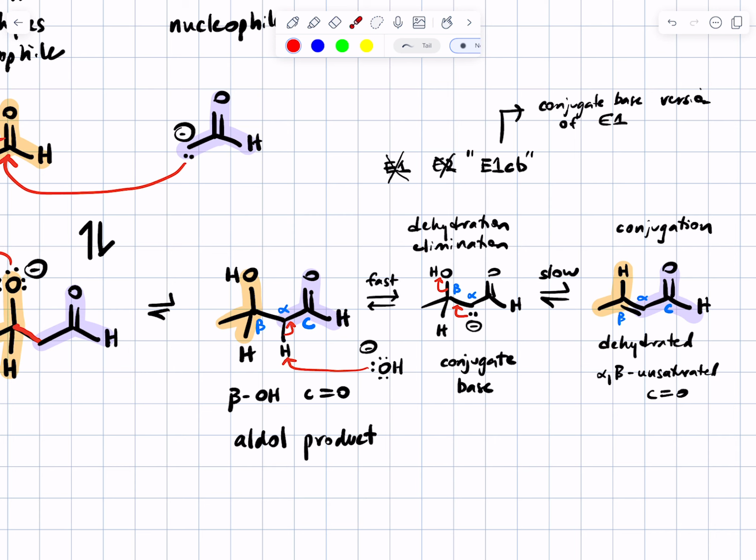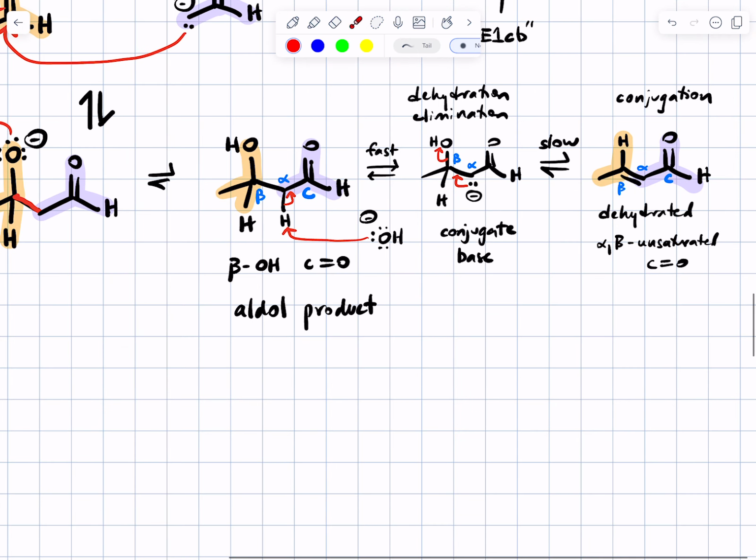Yes? Under acidic conditions, would it become an E2 reaction because of the protonated alcohol? That's a great question, and I don't know the answer to that. Somebody's probably studied it. Would you still have the conjugate base E1 because it's under acidic conditions? I'm just thinking off the top of my head now.